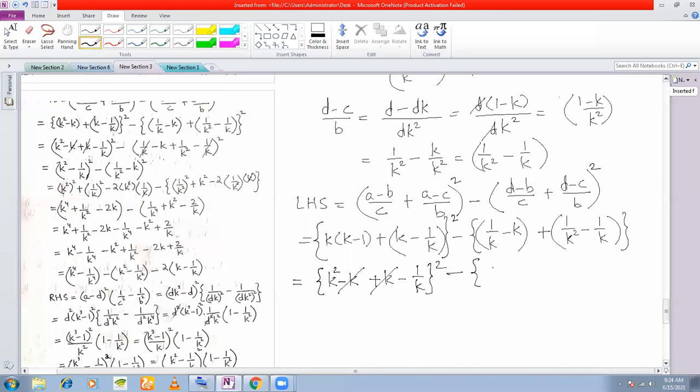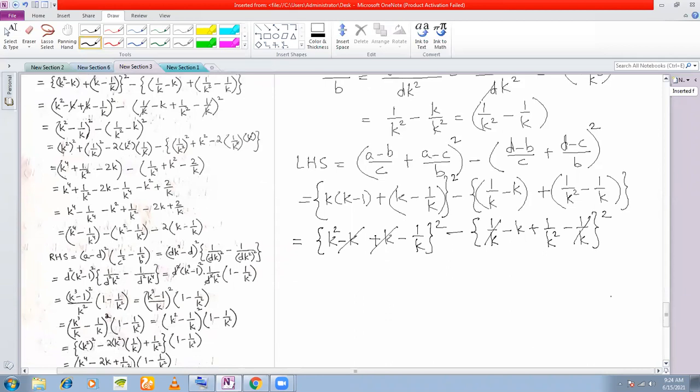Minus, and here if you open the brackets, you get 1 by k minus k plus 1 by k square minus 1 by k whole square. So what happens here? Plus 1 by k minus 1 by k cancels. So what do you get here? You get ultimately k square minus 1 by k whole square minus 1 by k square minus k whole square.